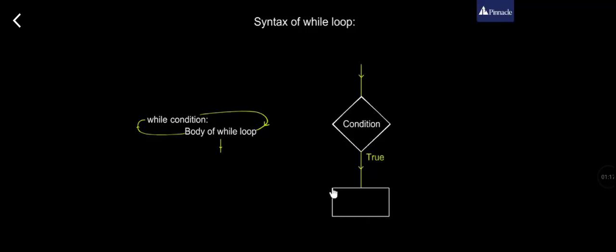Let's understand the operation of the while loop using a flowchart. The loop will start checking the condition. The execution of the loop begins only if the condition is true.